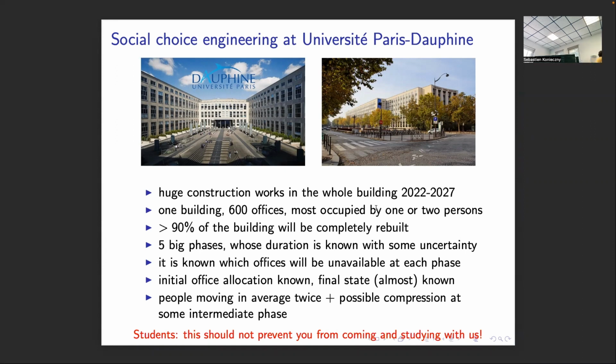And people will have to move on average twice, and they will possibly be compressed at some point. People who are alone will have to share their office. PhD students who are 10 per office will be 20, and so on.